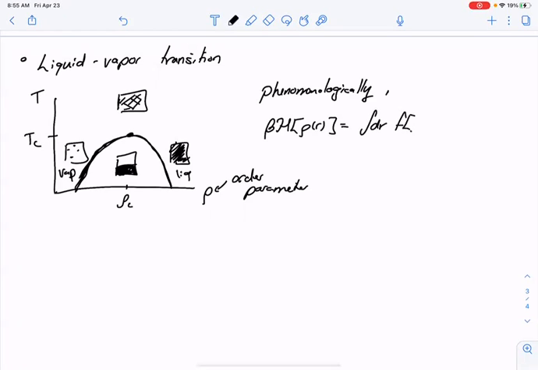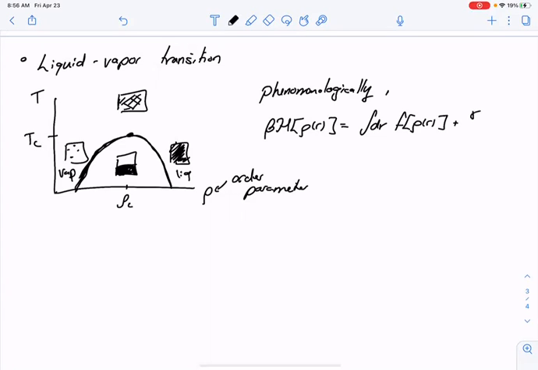Taking a cue from what we've done thus far, we can envision that effective description will have a local free energy density piece, something that would know that potentially there are stable states associated with a high density state like a liquid and a low density state like a vapor.